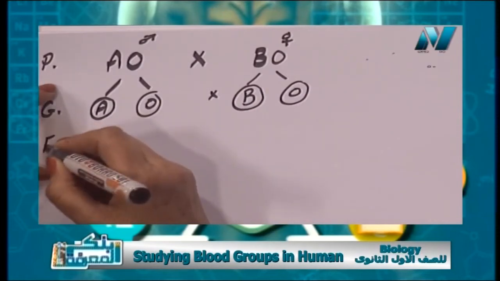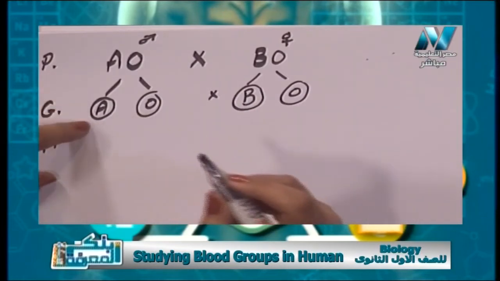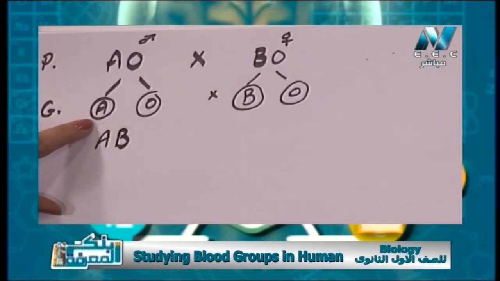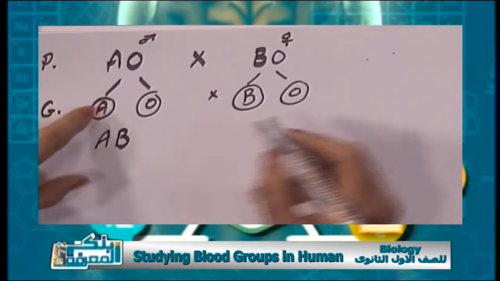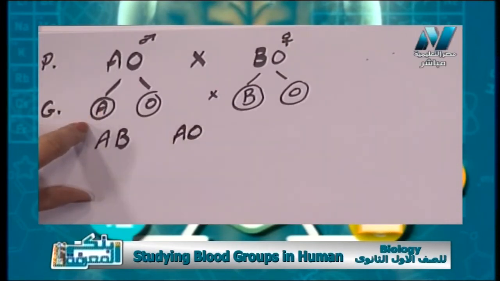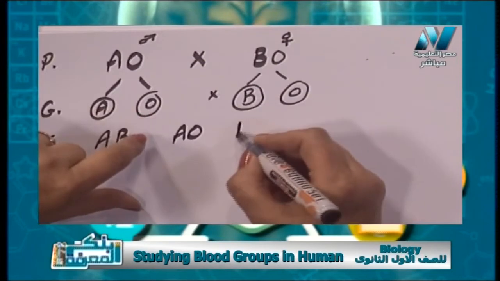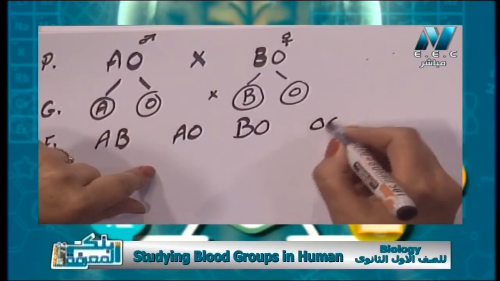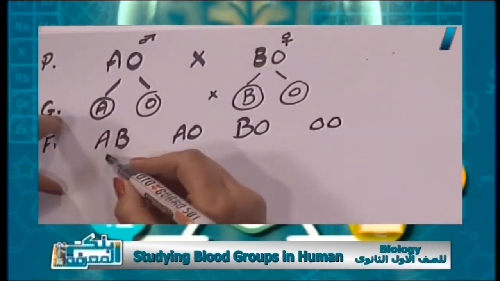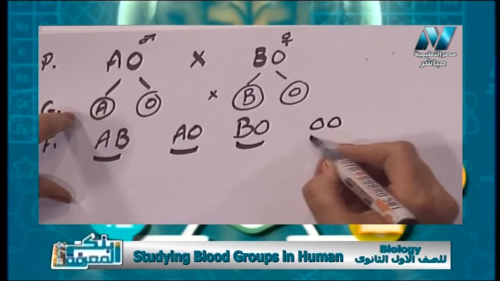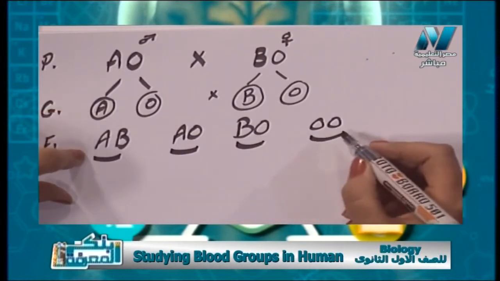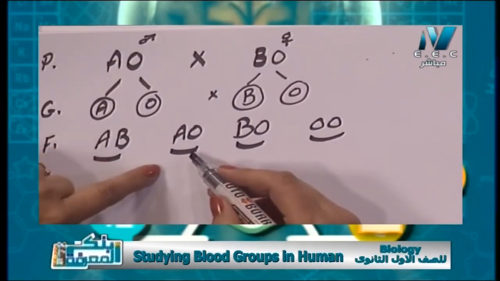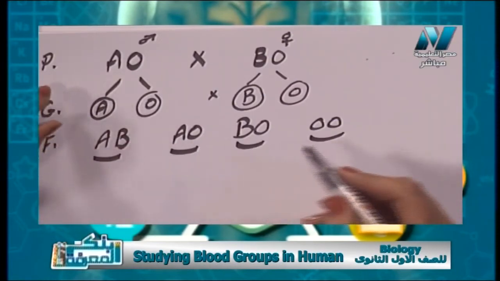The expected children could be AB, or AO, or BO, or OO. So we will have four expected genotypes for their children: AB, AO, BO, and OO.